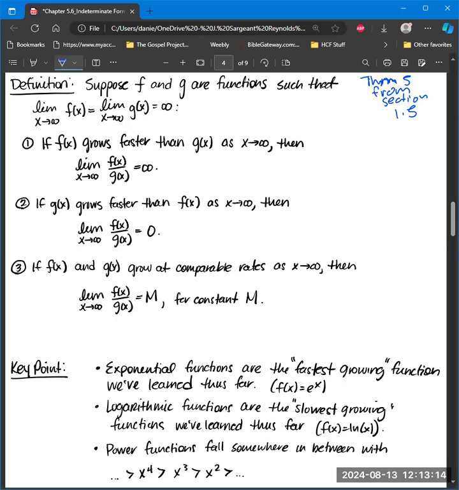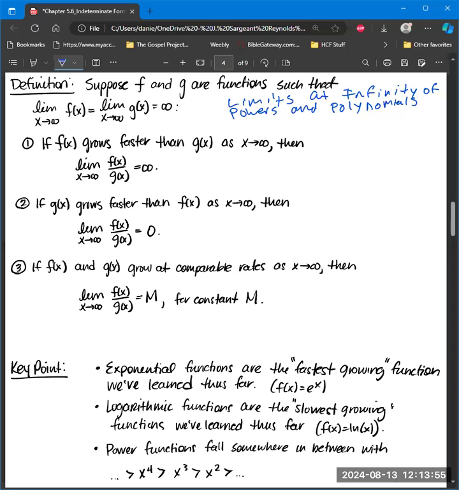So limits at infinity of powers and polynomials. It'll say the same thing, it just will look different.